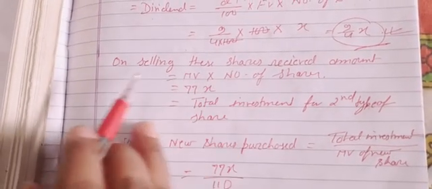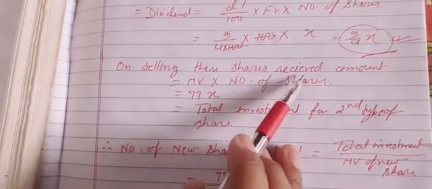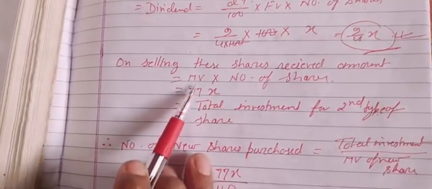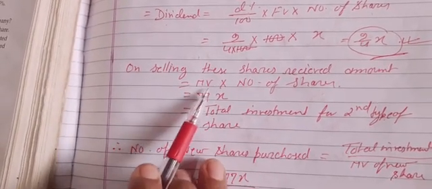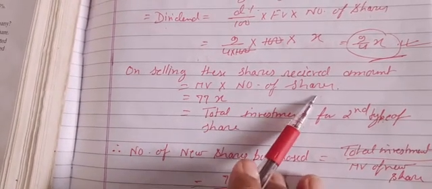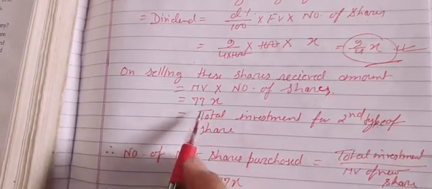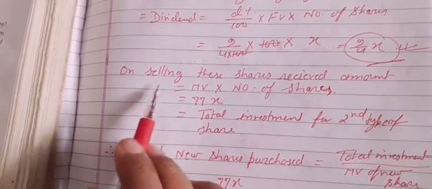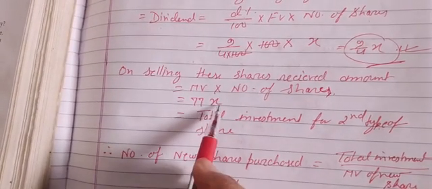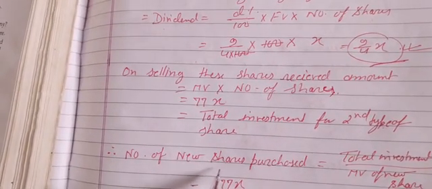Now on selling, what was the received amount? We have to find that. On selling the first type of shares, the received amount is equal to the market value of one share into the number of shares. The market value is 77 and the number of shares was X, so the total received amount was 77x, and this amount is used for purchasing the second type of shares.